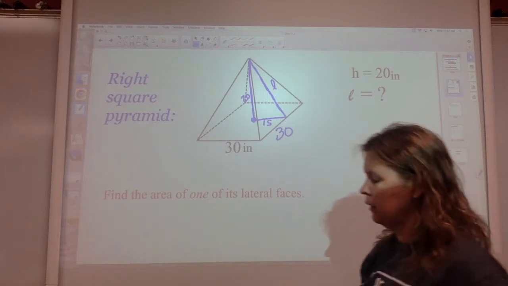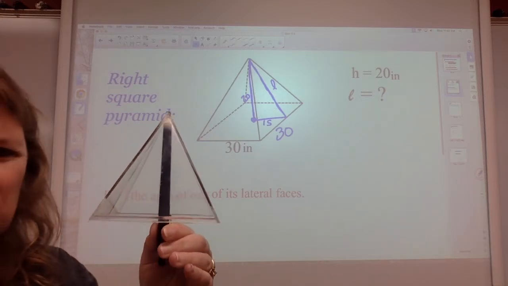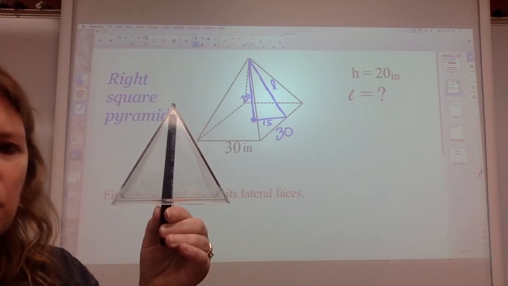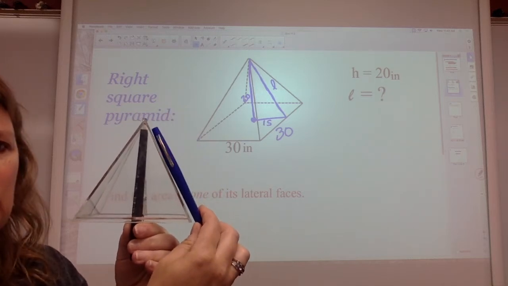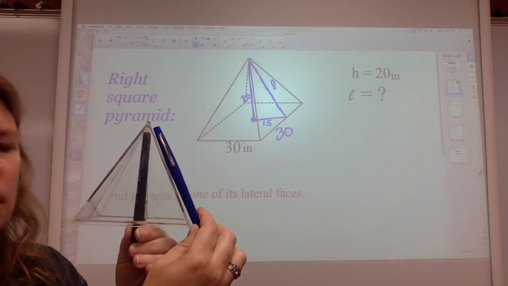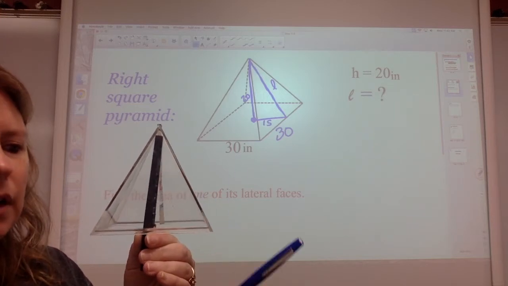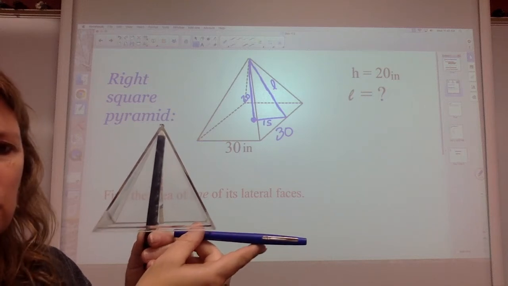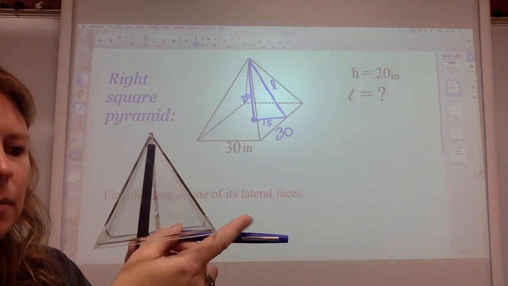So we can make right triangles out of this. Here's my altitude, or my height, that's 20. Here's my slant height over here. That's what I'm looking for, and I need to make a right triangle out of it. How do I do that? I can go this distance, which is half the base, obviously not the whole thing. You're going to stop right here.